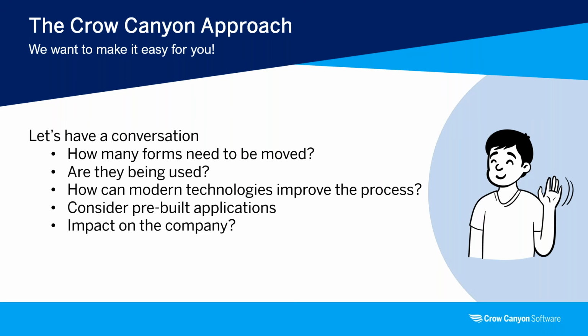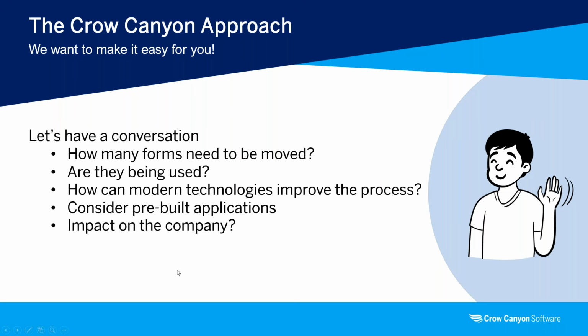Also, we and other vendors have some pre-built applications inside of the SharePoint and Office 365 spaces. And maybe you don't need to convert the form and can just move off it, greenfield, with a new application. That's another possibility. So we want to go through all those, have this conversation, and really get to understand how we could help you move the InfoPath project along.